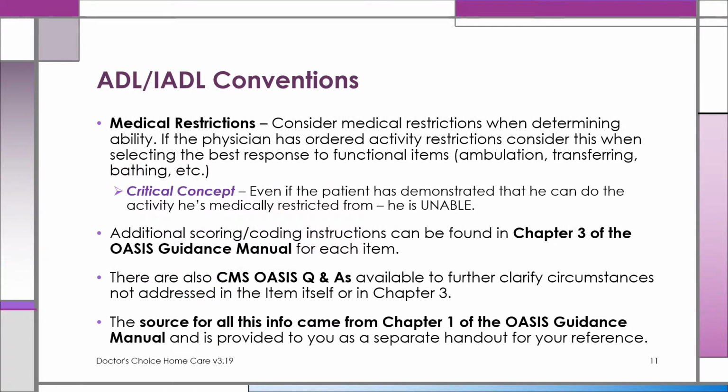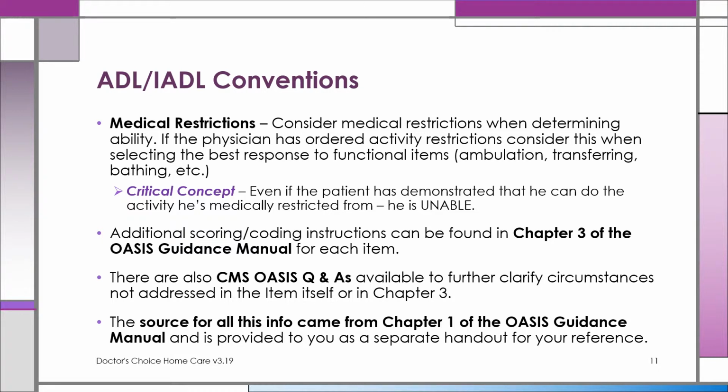Medical restrictions are considered when you're assessing these items. So if a doctor has ordered the patient not to, for example, lift their leg, you must consider this affecting their ability during whatever 1800 you're looking at. Even if they're able to do it, they're unable because the restriction trumps that ability.